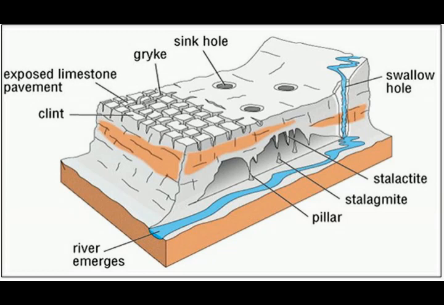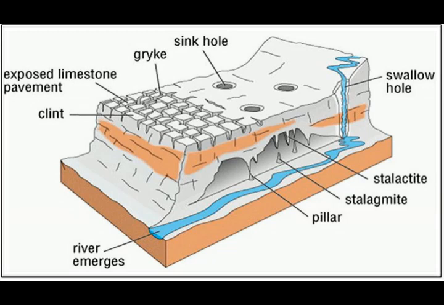Similarly, or conversely, you have the water dripping to the floor, building up layers of calcite over time as the water evaporates, and then it will form a rounded pinnacle rising from the floor known as a stalagmite. So I'm just going over all of these just to reinforce their formation.